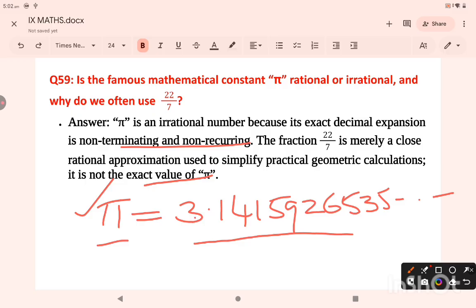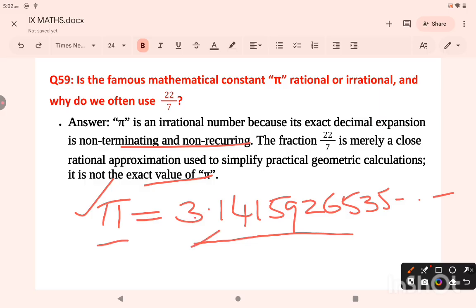Here 22/7 is an approximate value of pi, that is not an accurate value. The accurate value of pi is 3.1415926535 and so on, non-terminating, non-recurring. So the accurate value of pi is this one.